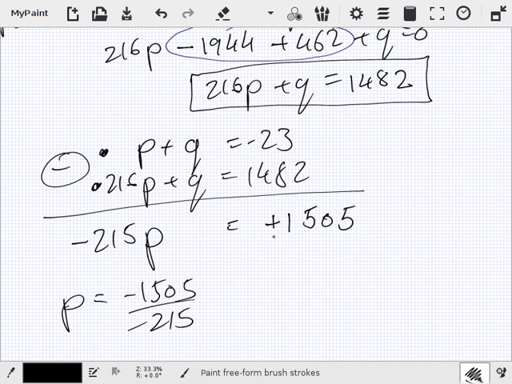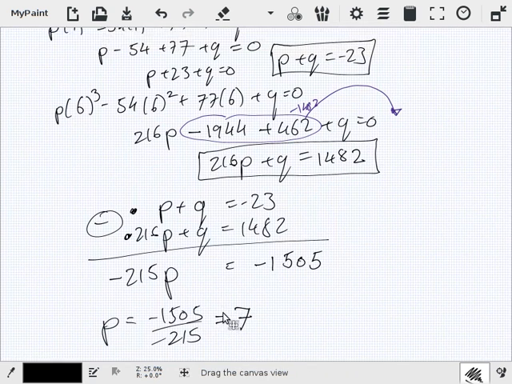I did p minus 216 is minus 215, and minus 23 minus 1482. So it'll be plus in total at the end. What is p actually? It's 7. Okay.